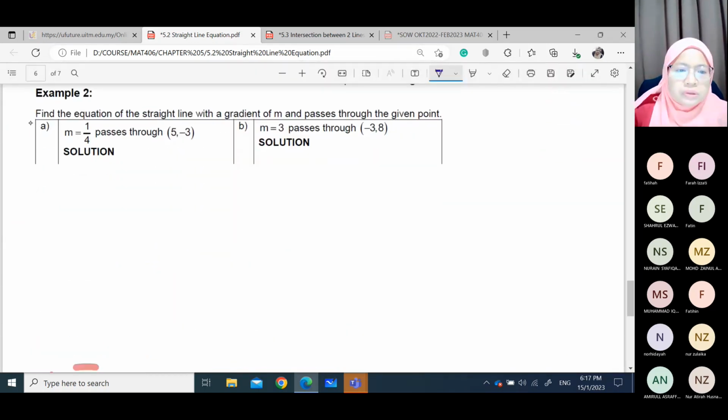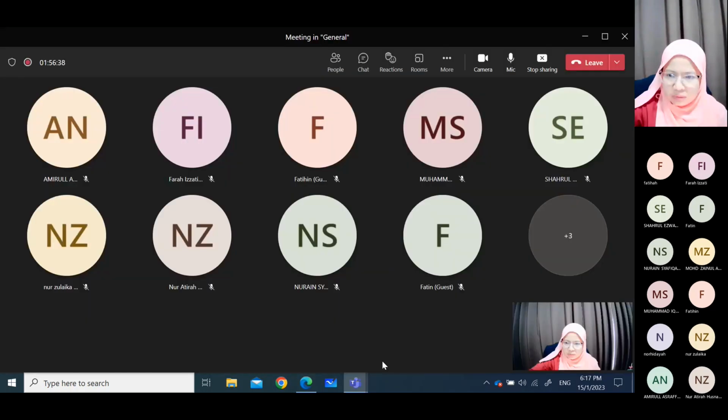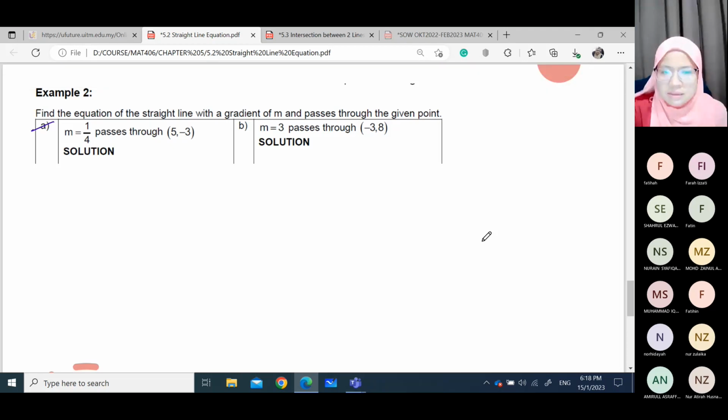Okay, so tengok example 2. So in this example, find okay kelas?